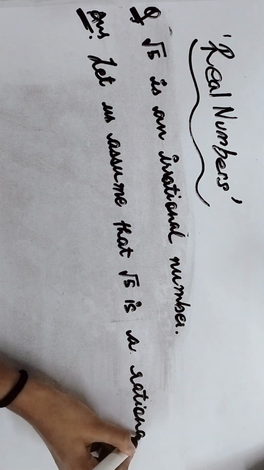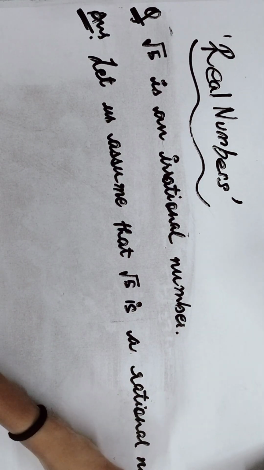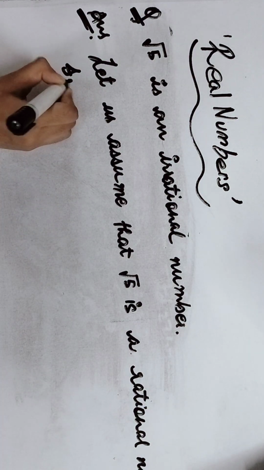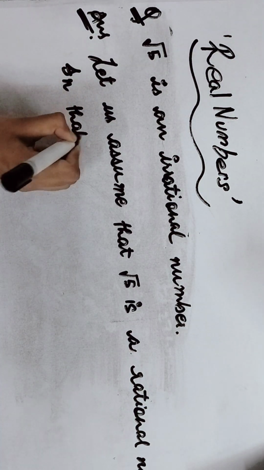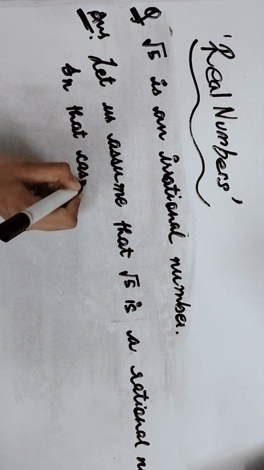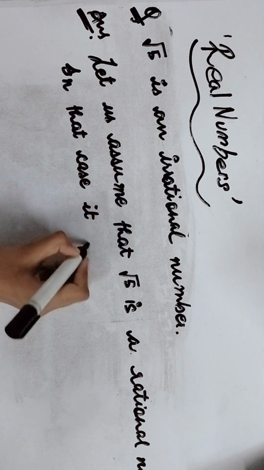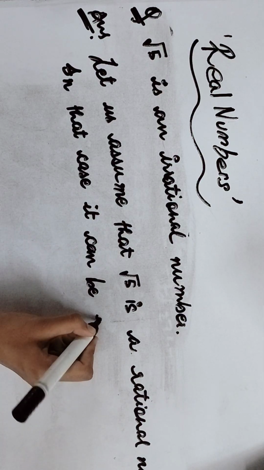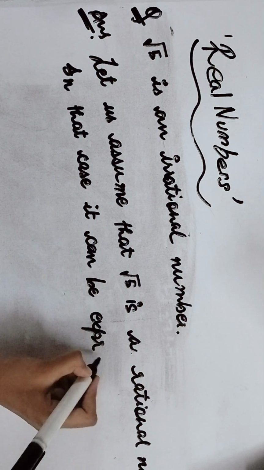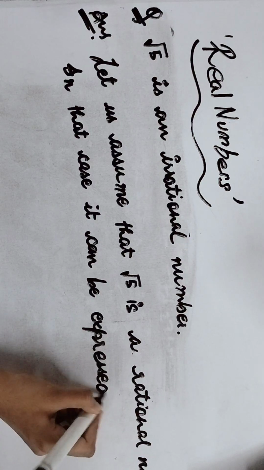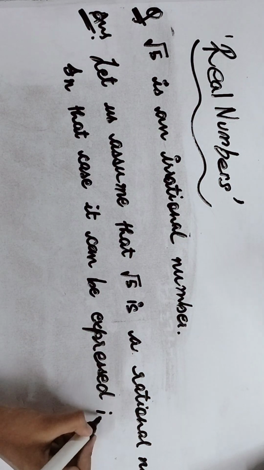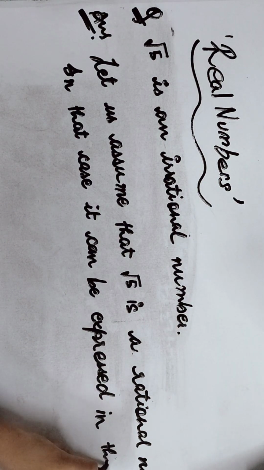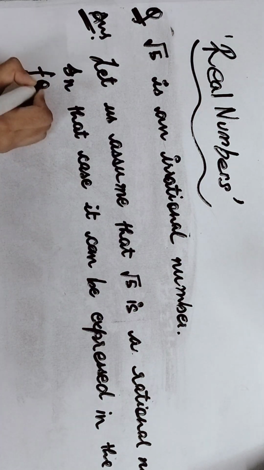In that case, it can be expressed in the form of p by q, where both p and q are co-prime integers and q is not equal to 0. What are co-prime integers? If two numbers have no common factor, their HCF is 1.